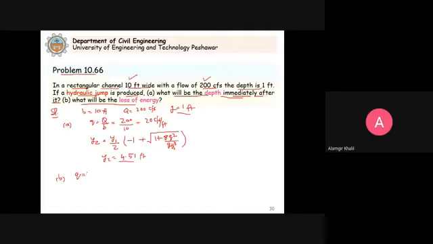This is equal to V1 and Y1. Clear? So V1 is equal to small q divided by Y1. So this is equal to 20 foot per second. Y1 is 1. So 20 foot per second, FPS.